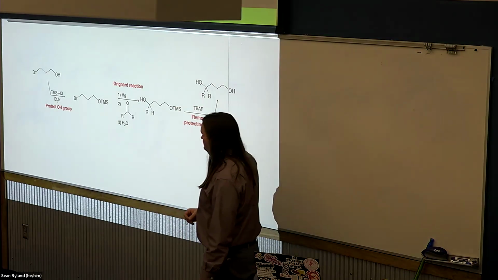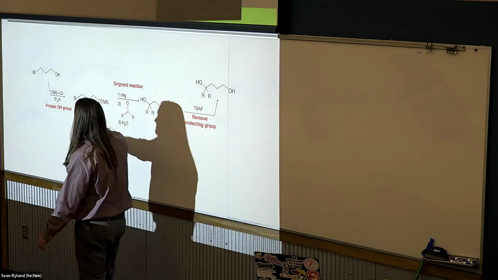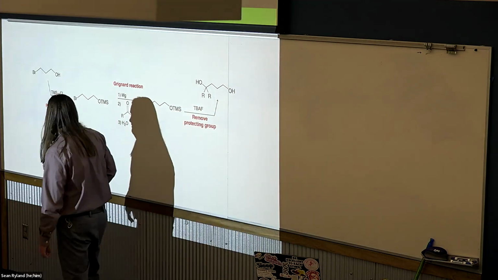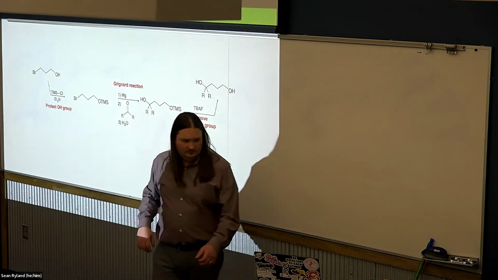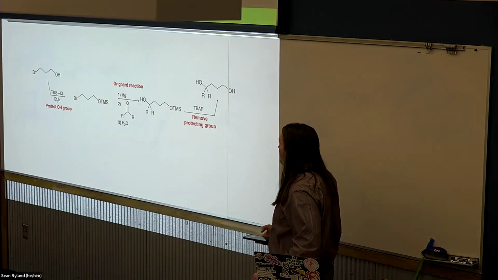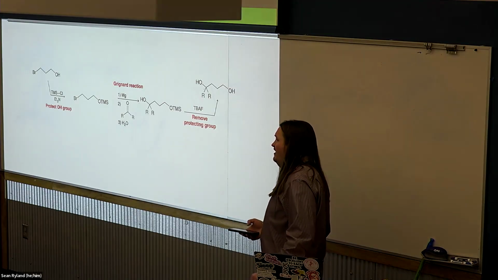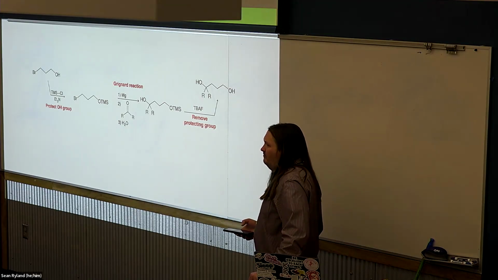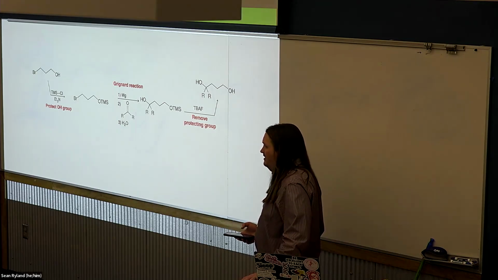Is it always connected with chlorine? Yeah, that's what makes it reactive. And is that always what we're going to use? That's the most common one, yeah. There are other ways. Most functional groups have some protecting group that you can use that'll basically render it less reactive.